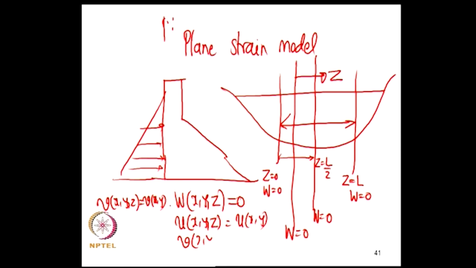We develop this model by going from displacement to strain using strain displacement relations, and from this I use constitutive relations and come to stresses. So this model is known as the plane strain model.